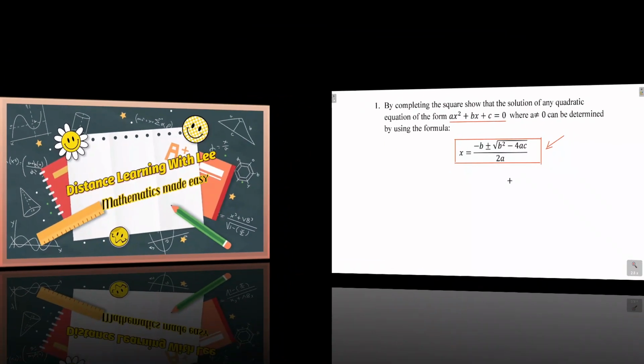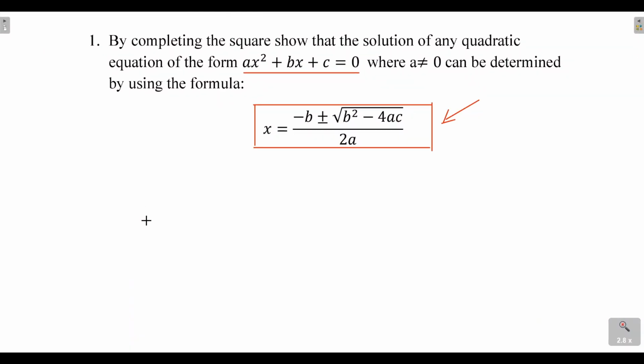Okay, so let's have a look at this question. It says, by completing the square, show that the solution of any quadratic equation of the form ax squared plus bx plus c is equal to 0, where a is not equal to 0, can be determined by using the formula x is equal to minus b plus or minus the square root of b squared minus 4ac, all over 2a.